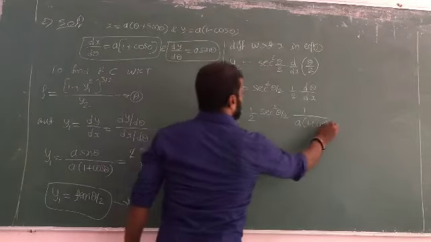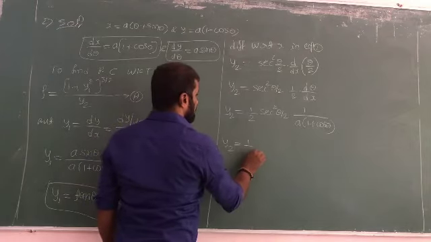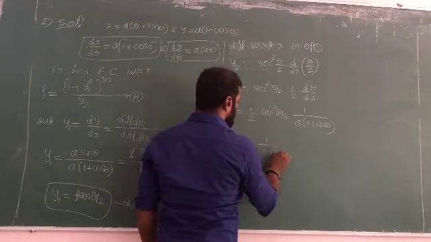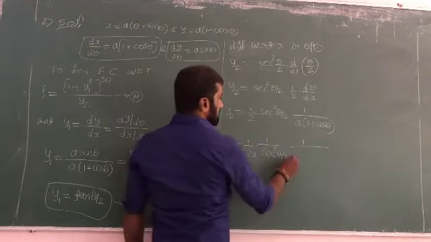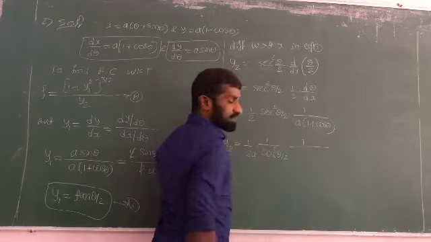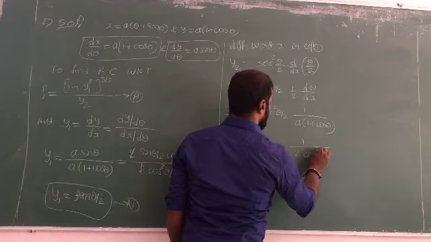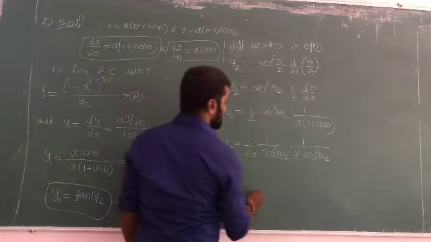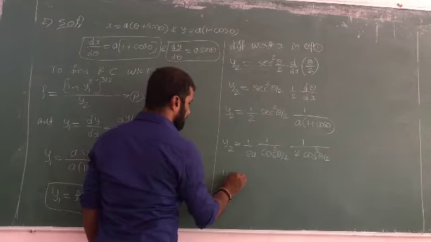So y2 is equal to 1 by 2a into sec square theta by 2, which is 1 by cos square theta by 2, into 1 divided by (1 plus cos theta), which is 2 cos square theta by 2. 1 by 2 into 1 by 2 is 1 by 4.